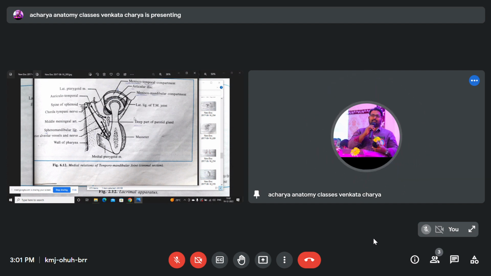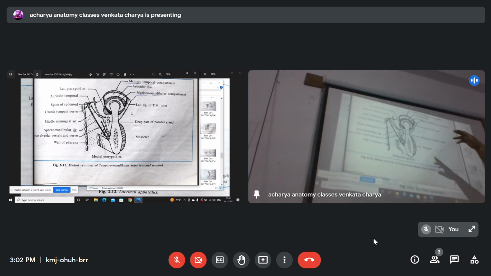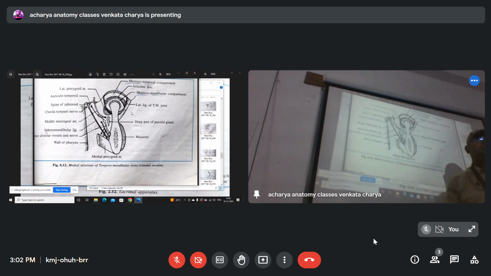Middle meningeal artery is a branch of maxillary artery. The maxillary artery has 15 branches: first part 5 branches, second part 4 branches, third part 6 branches, totally 15 branches. Middle meningeal artery is one of them. Next, auriculotemporal nerve.